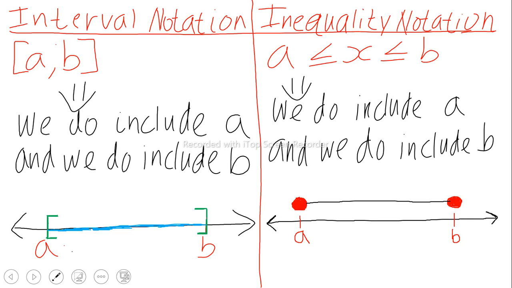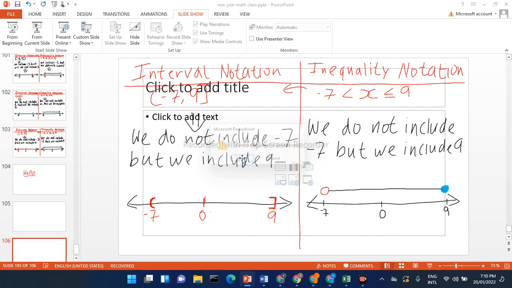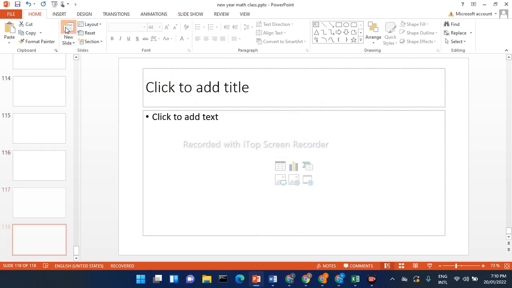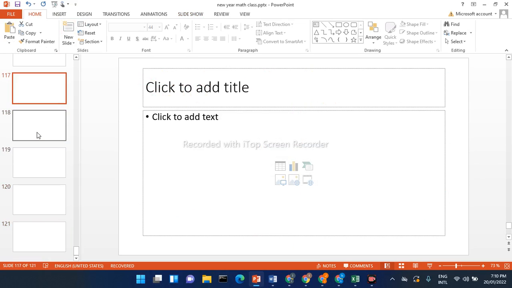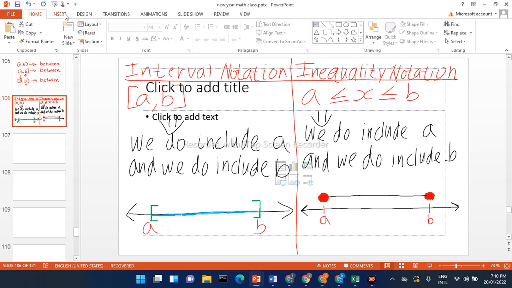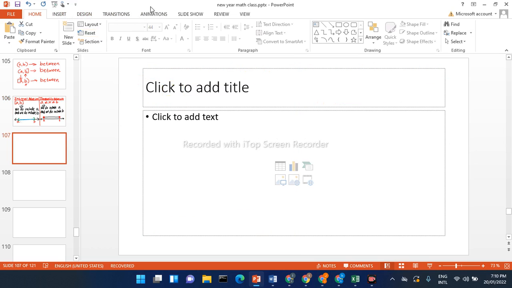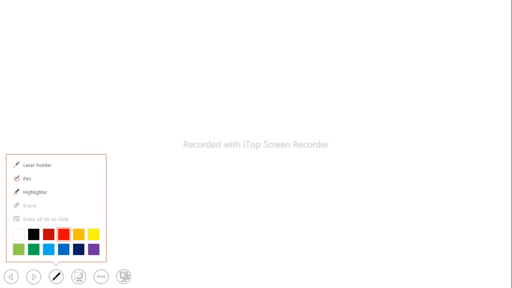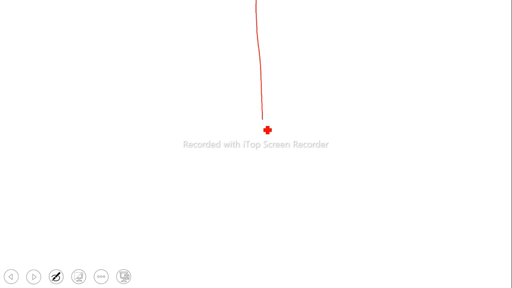Okay, so let's consider an example. Let's increase the number of slides that we have here. We're going to split the screen into two, where we have interval notation and inequality notation.